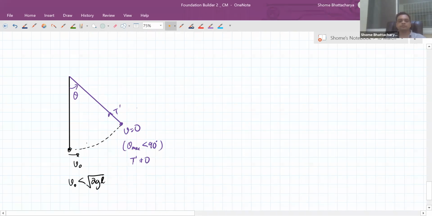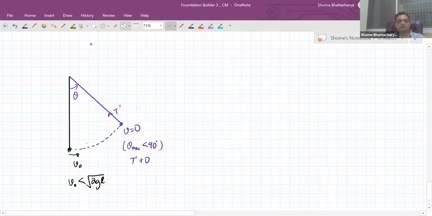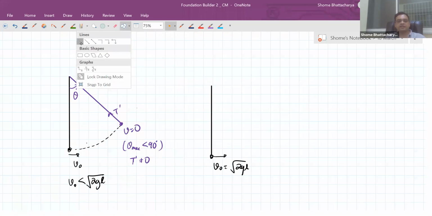Okay. The next case, if we give an initial velocity which is exactly root 2gL, then in this case, it's a little bit more interesting what will happen, because the particle will reach the 90-degree position.